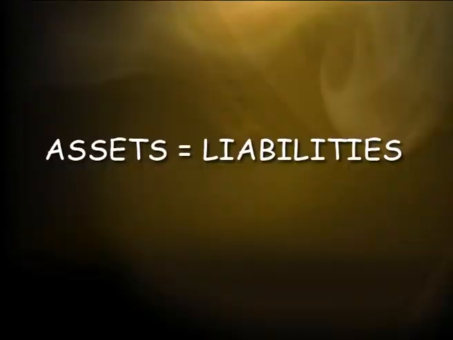Further, as all the debits are conclusively traceable to represent the assets of the business and all the credits are conclusively traceable to represent the liabilities of the business, the equation can also be written as assets equal to liabilities.